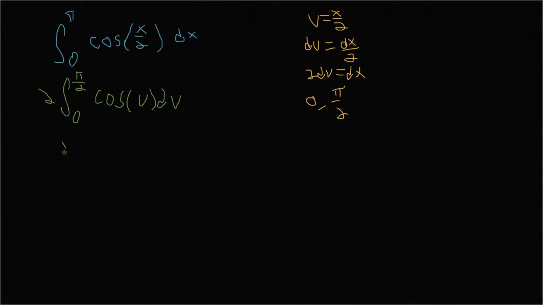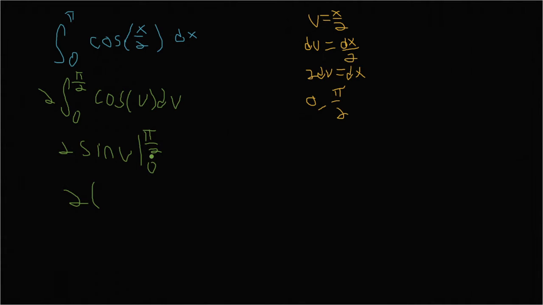So we're going to have 2 sine u from 0 to, sorry, to pi by 2. And so let's substitute everything. So we have 2 times, now what is sine of pi by 2?